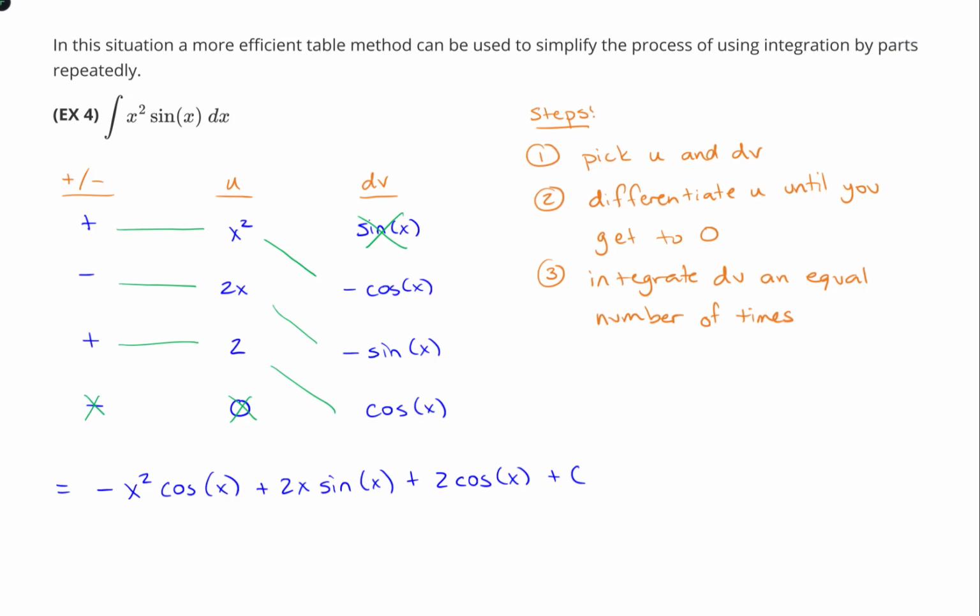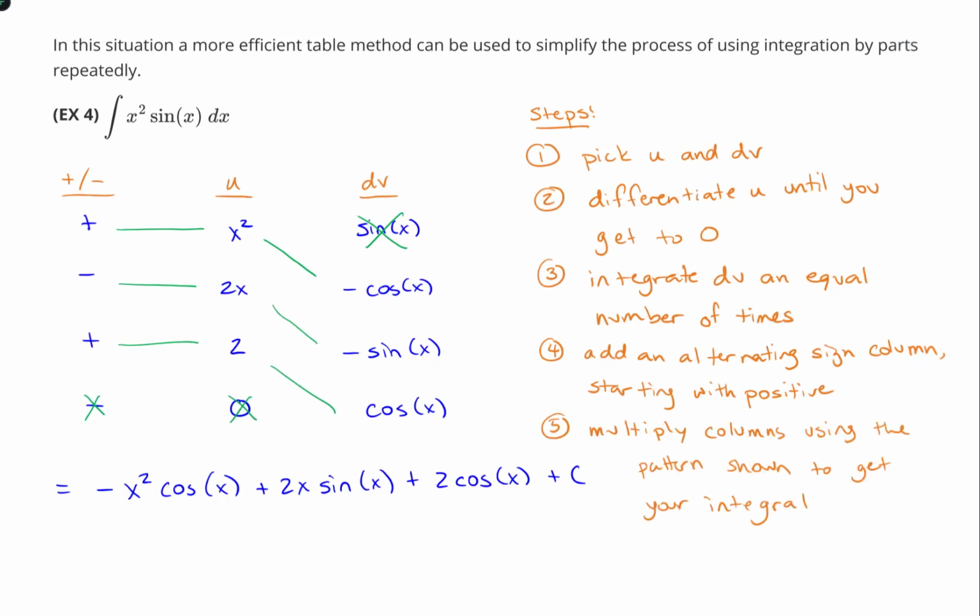Integrate dv an equal number of times. 4. Add an alternating sign column, starting with positive and then flip-flopping positive, negative, positive, the same number of times as your other rows. And 5. Multiply the columns using the pattern shown to the left in order to get your integral.